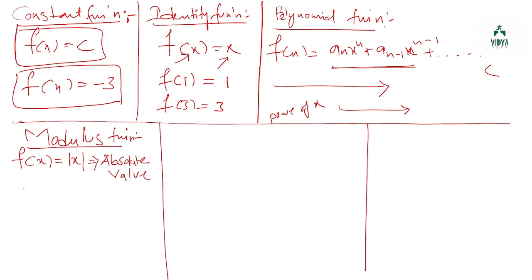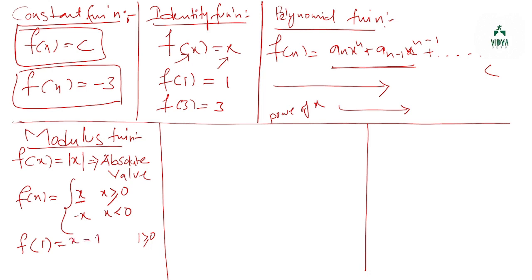And we can define f(x) = x if x is greater than 0, and -x if x is less than 0. Greater than or equal to 0 we can take. So what is this? In place of x you put 1. x is greater than or equal to 0, right? 1 is greater than 0, so what do I have to use? x.